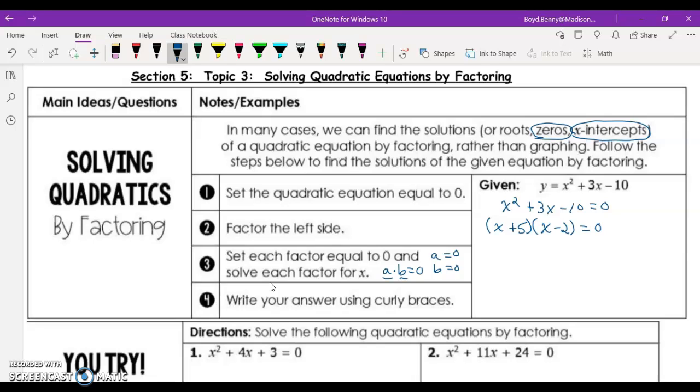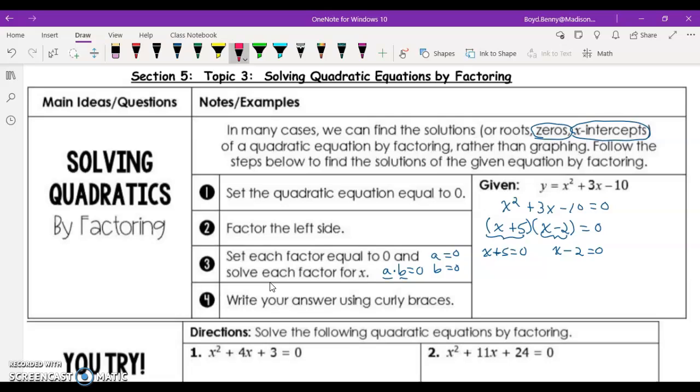It says set each factor equal to 0 and solve each factor for x. So if I take this first factor right here, x plus 5, I'm going to set that equal to 0. Then I'm going to take the second factor and set it equal to 0. Next, I'm going to solve each of these equations.